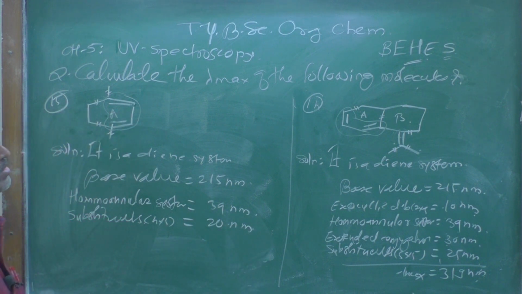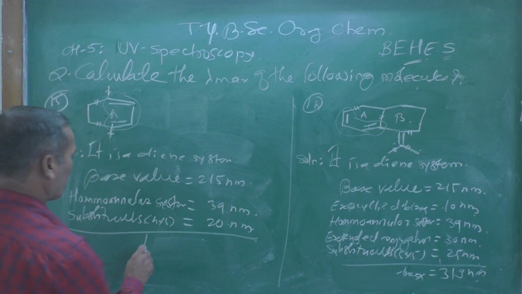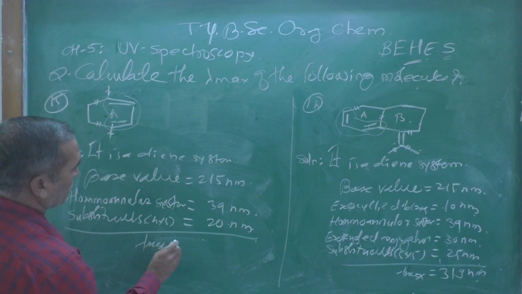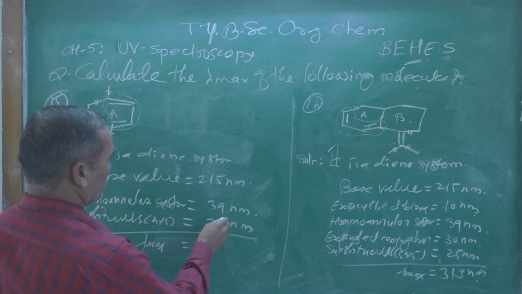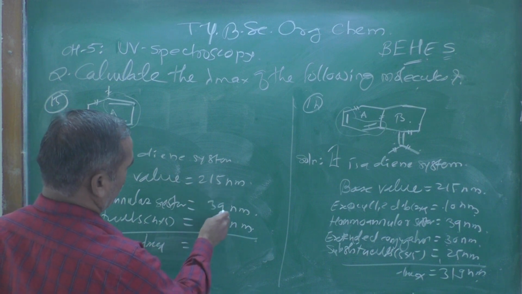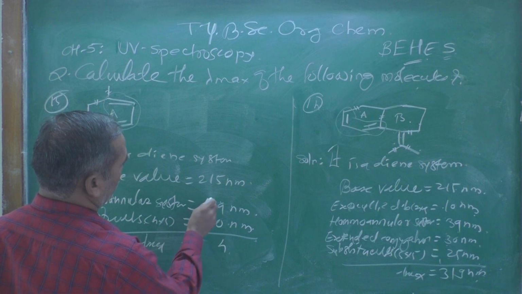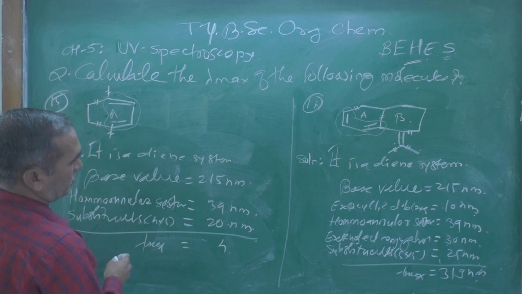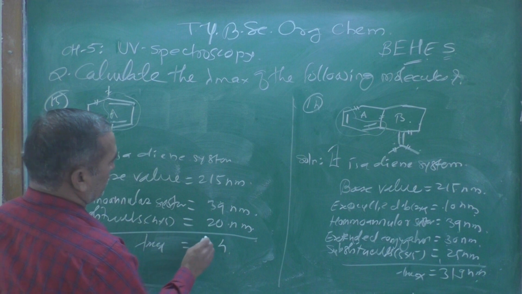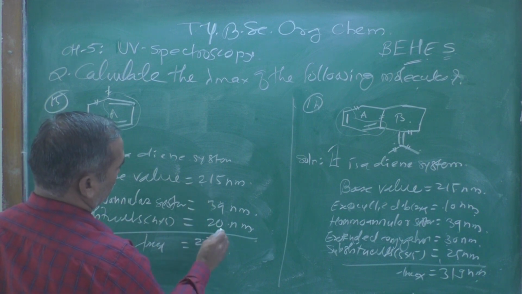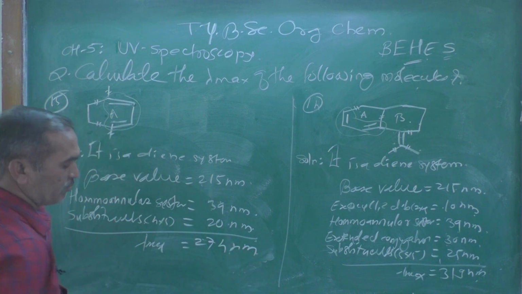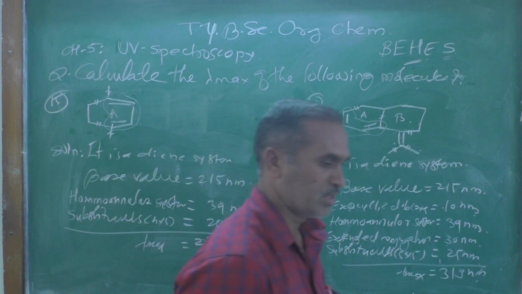And now you can write here lambda max is equal to: 215 plus 39 plus 20, so 294 is the answer for this question.